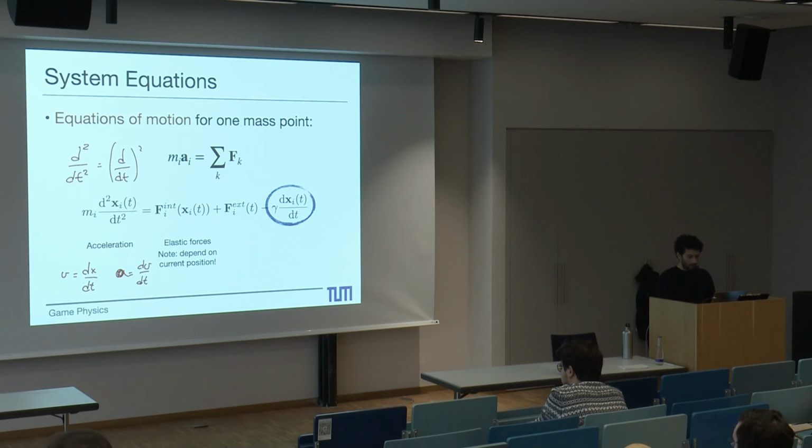And here also the external forces, we mentioned those are gravity and such, but the important one is that now we are adding the damping forces, which I have written here in a slightly different way, but as we mentioned before, velocity is defined as the derivative of the position over time, so we can definitely write it like that.